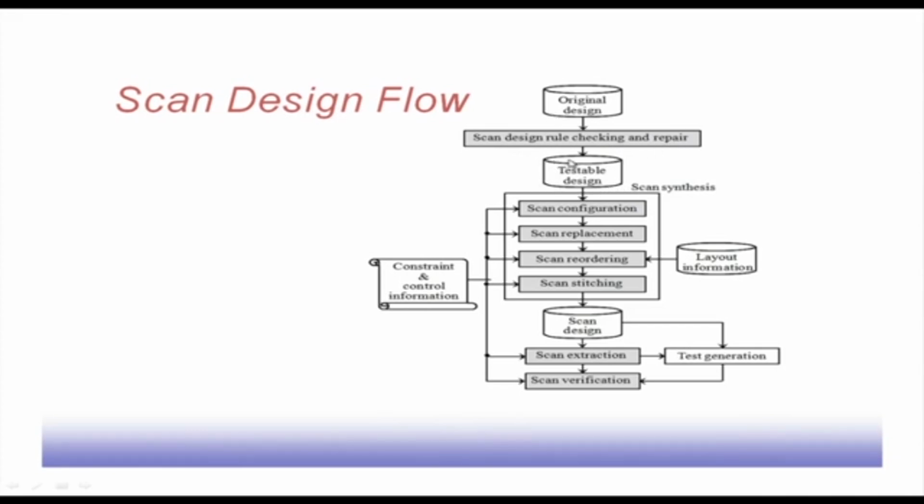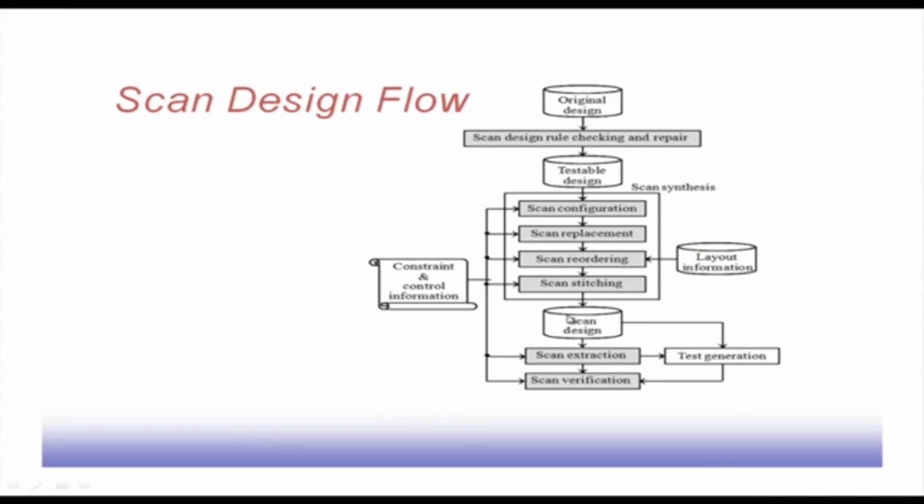Once I have got this testable design, it goes into a phase known as scan synthesis. In scan synthesis, there are several parts like scan configuration, replacement, reordering and stitching. At the reordering stage, we need layout information, and we also need constraint and control information. They are added into the scan synthesis process.